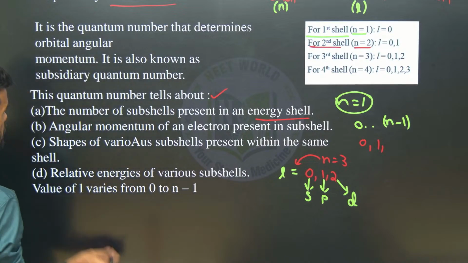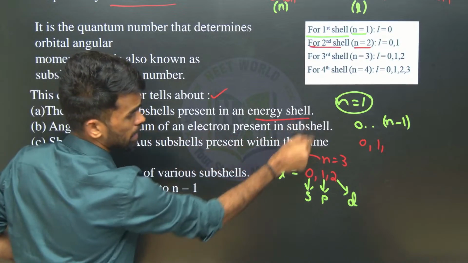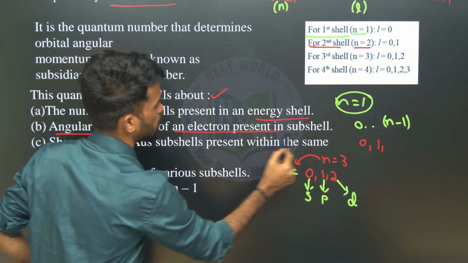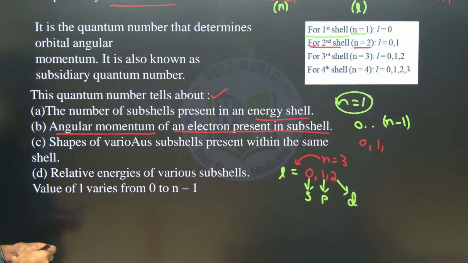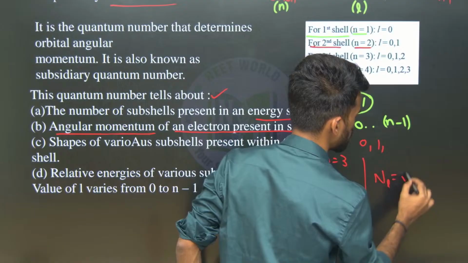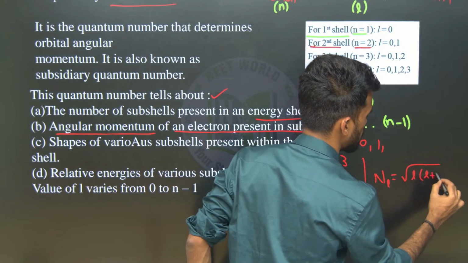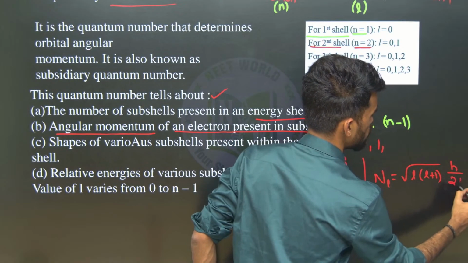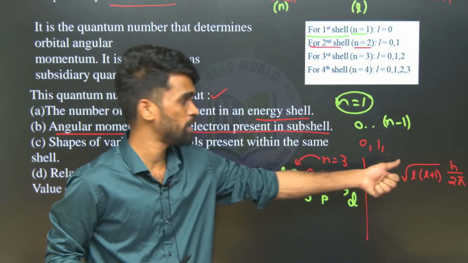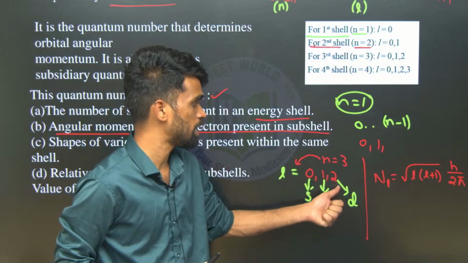Just read here: the number of subshells present in an energy level is given here, and also the angular momentum of an electron present in a subshell. So what is this angular momentum? I am indicating angular momentum with mvr equals root over L into L plus 1, h by 2 pi. What is the L value here? For S orbital L is 0, for P orbital L is 1, for D orbital L is 2.